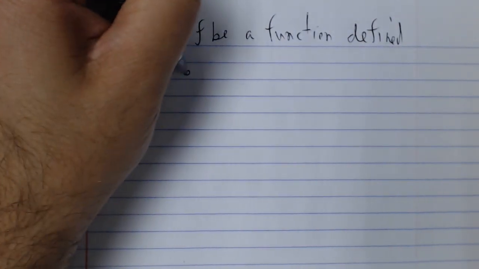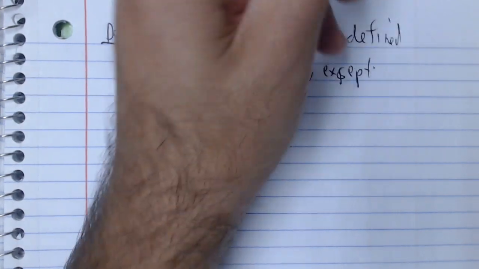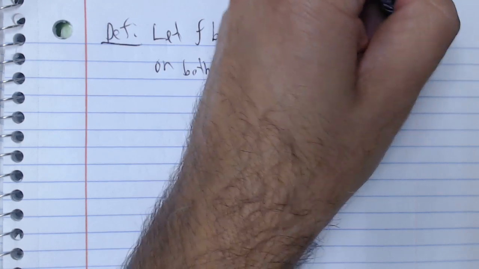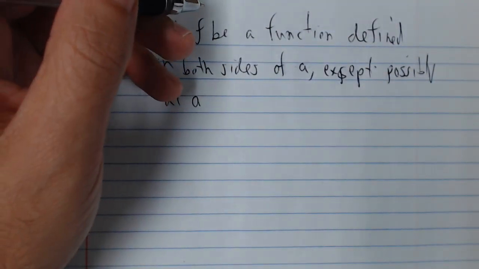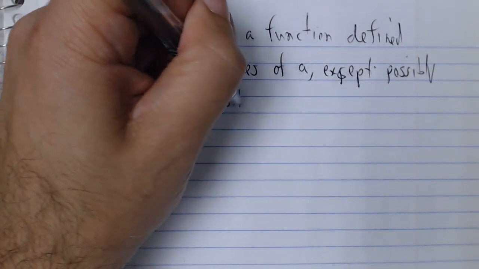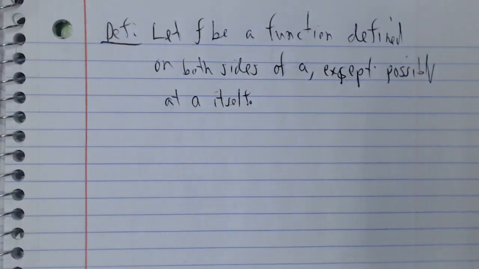So we would say let f be a function defined on both sides of a except possibly at a itself.